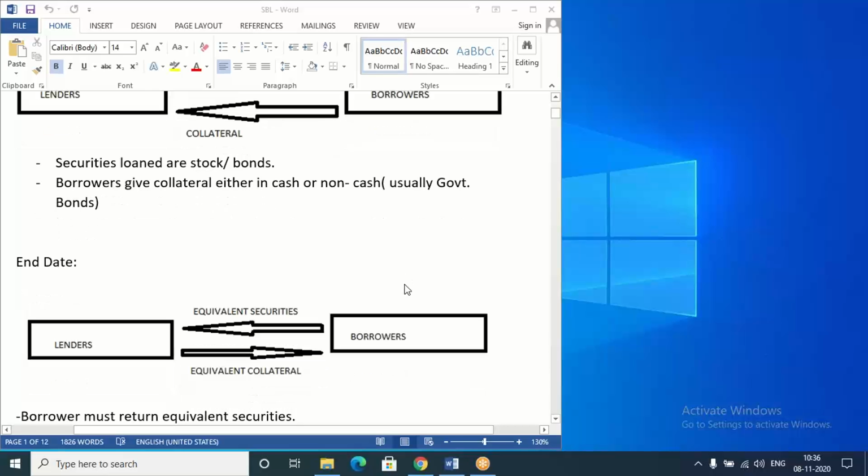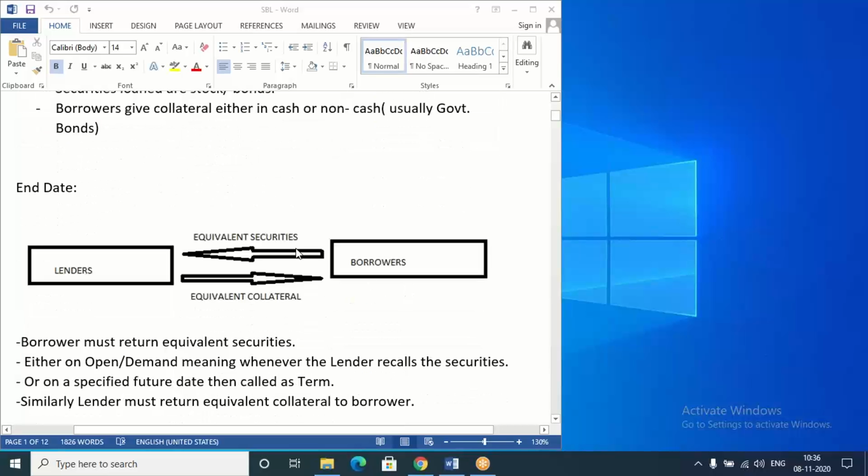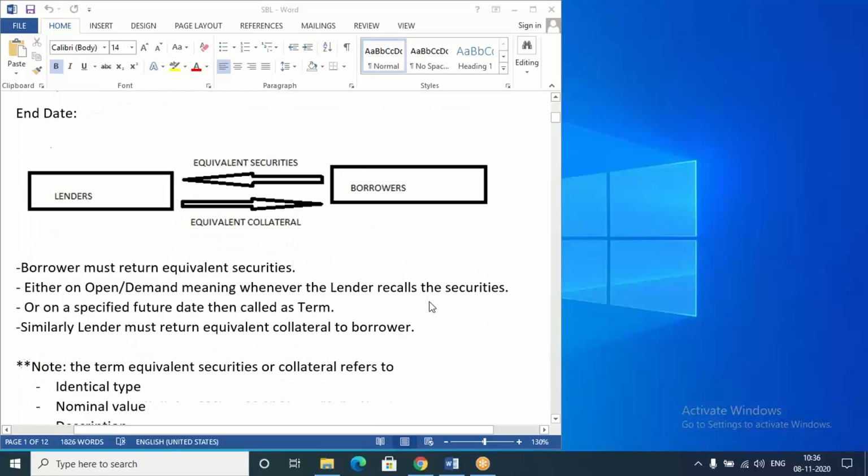The reason equivalent securities is mentioned is that most likely the borrower has used the borrowed securities for some reason, which will be discussed a little later in the class. So the borrower at the end of the contract must return equivalent securities.